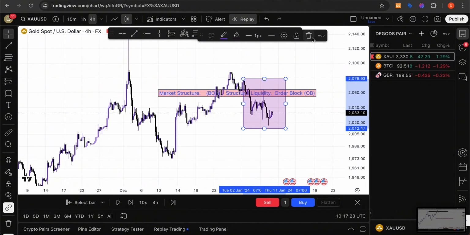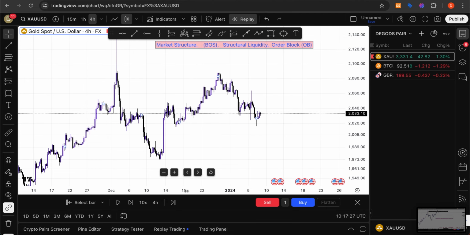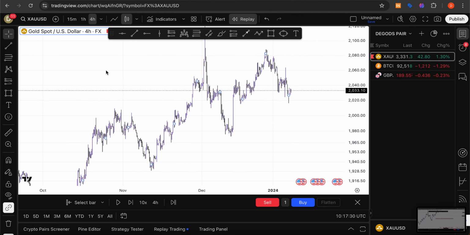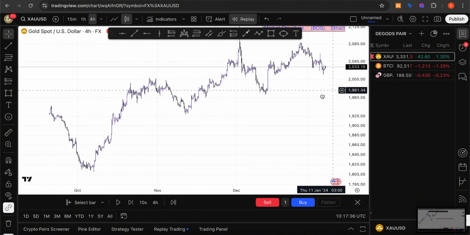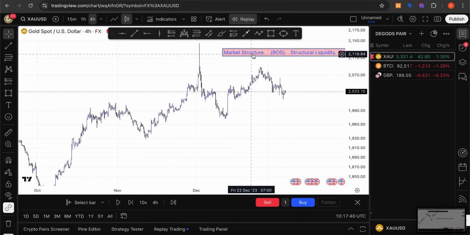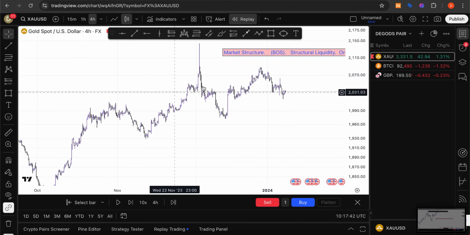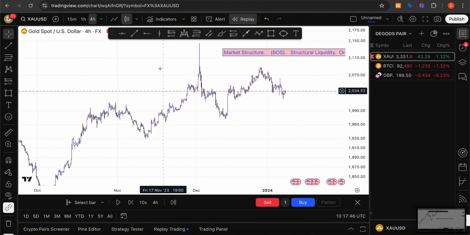So let's just start. First thing we are going to see is that the market is in an uptrend. We first of all check our 4 hour time frame to see the market structure. The market structure obviously is uptrend: higher high, higher low, higher high, higher low. So you can see it's obviously uptrend.